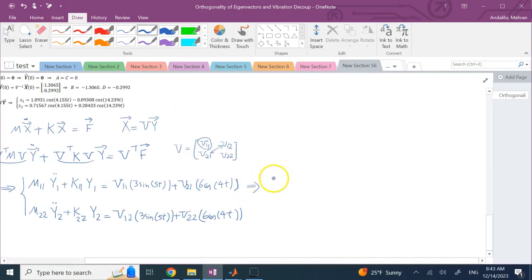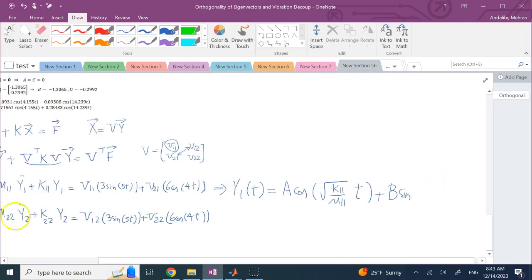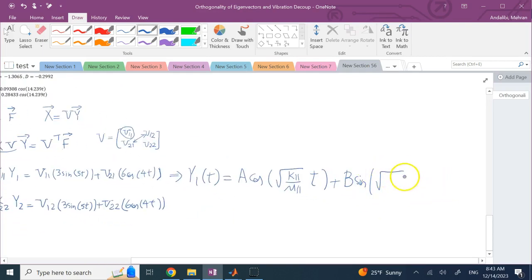So in this case, y1 of t? Well, it has a homogeneous solution, which is like A times cosine of square root of K11 over M11 t plus B times sine of the same frequency.